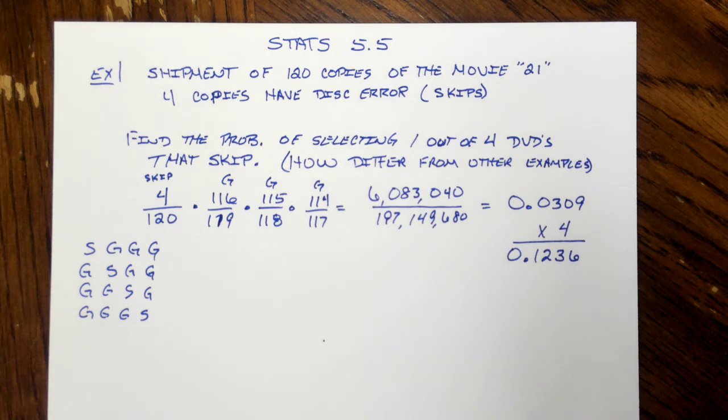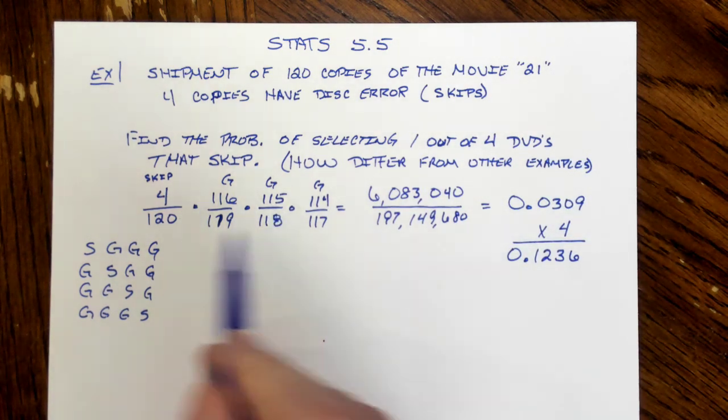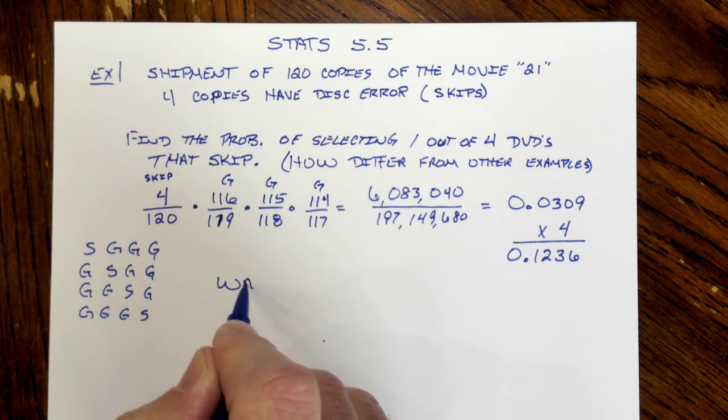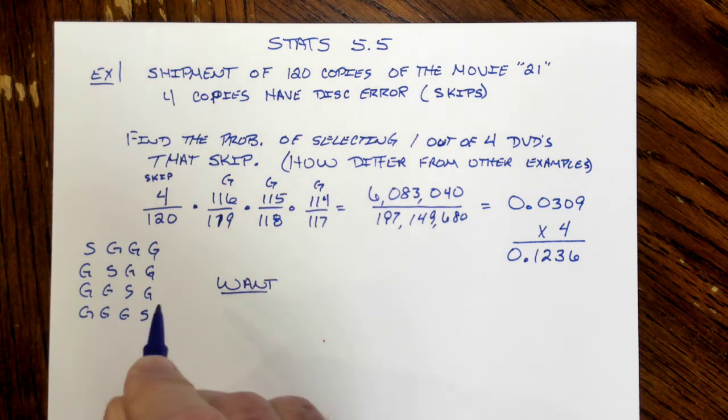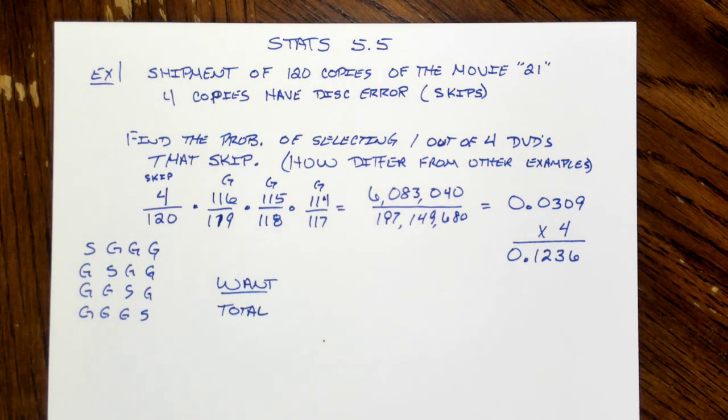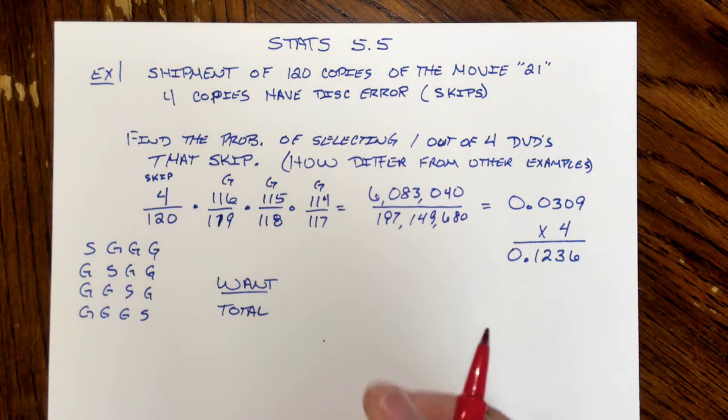Okay. Now, can I do this with everything else? Well, think about it. We can. So look what I'm talking about. What we want over total. So for the skips, we want 1 out of the 4. Does it matter the order?